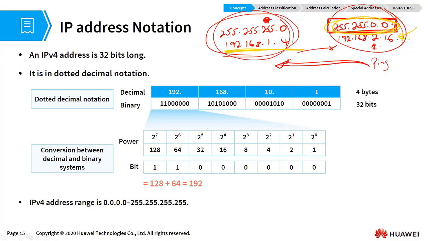Are we together? So PC2 will see that ping from 192.168.1.4. Ah, this guy is on my network. So he will send, and this guy will receive.